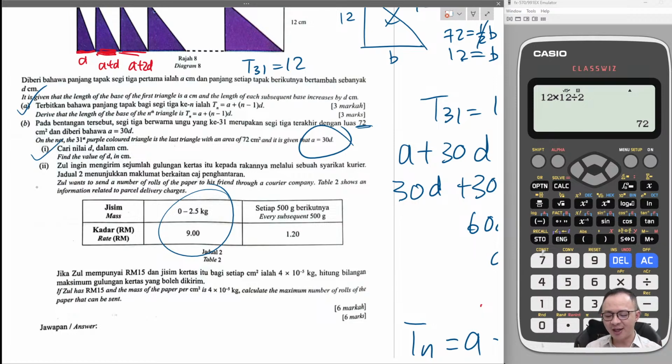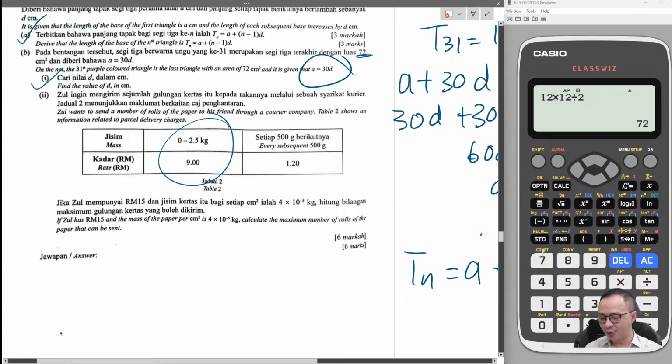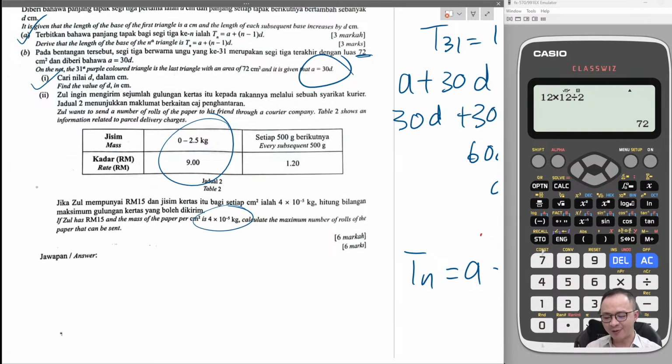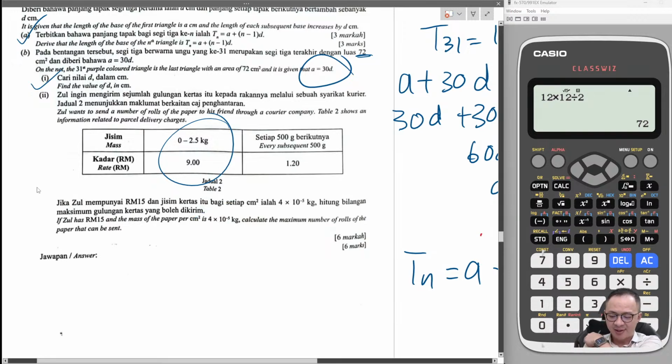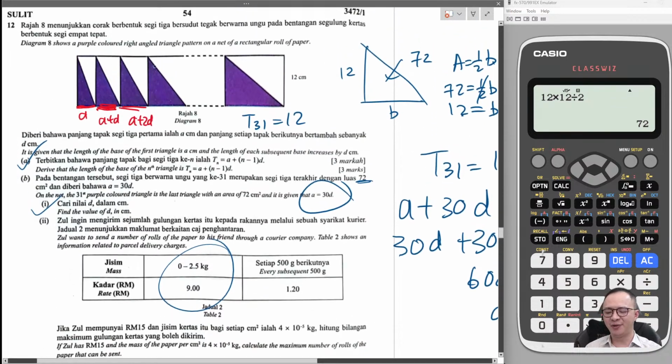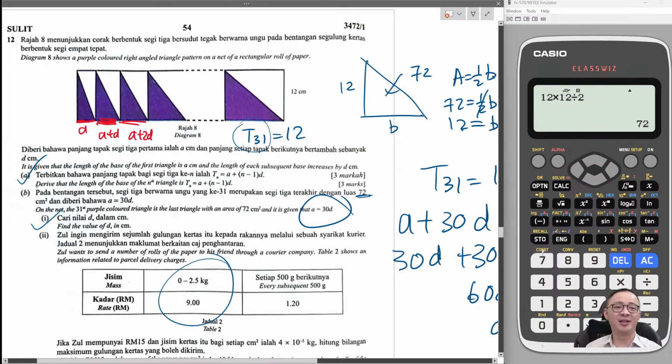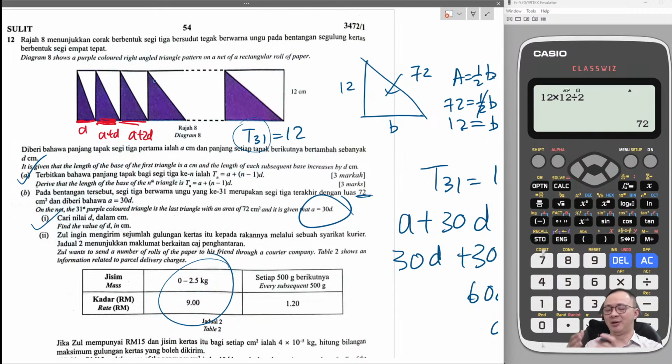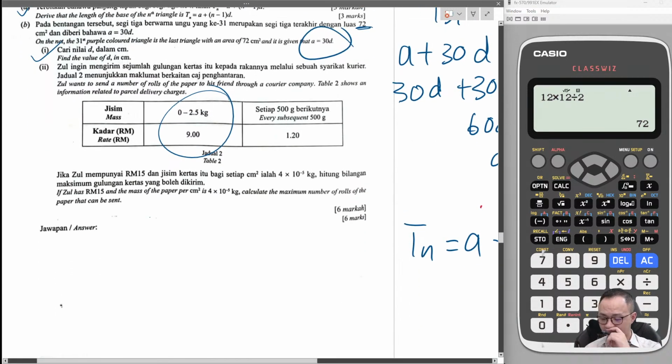And then beyond that, every 500 gram they will charge 1 ringgit 20 cents. If Zhu has 15 ringgit and the mass of the paper is this weight, calculate the maximum number of rows that can be sent. Okay, so each row I believe you have like 31 of it, because they tell us this 31 is the last one, isn't it? So I want to know about the one row first. What is the weight for one row?